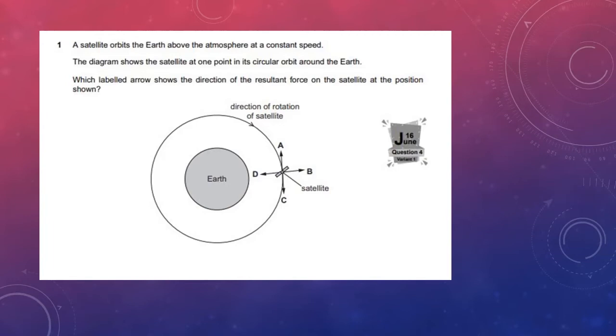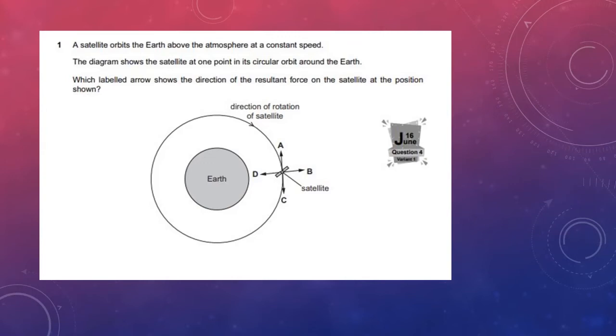Farah? Is it D? Of course, D. Yes. We say the centripetal force. In this case, the centripetal force is the net force which acts on this object moving in a circular path. And we say the centripetal force acts toward the center of the circle. Which arrow represents the direction toward the center? D.